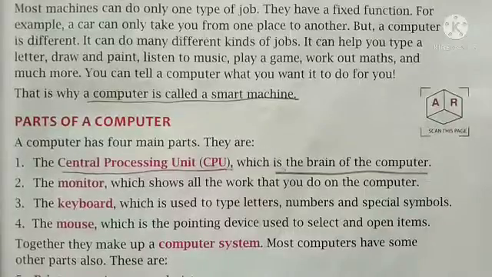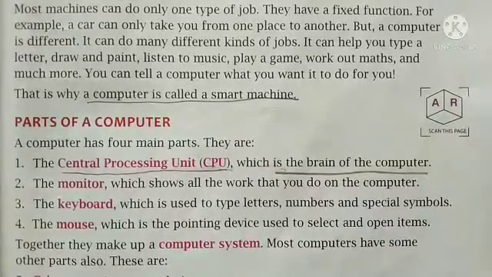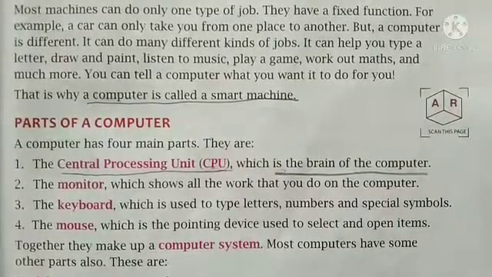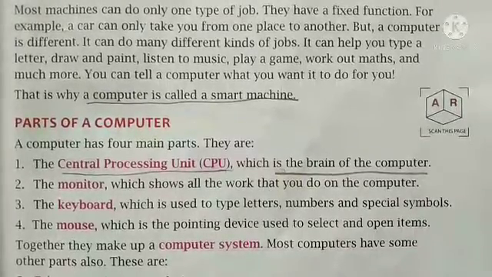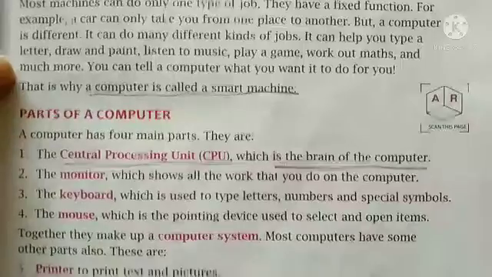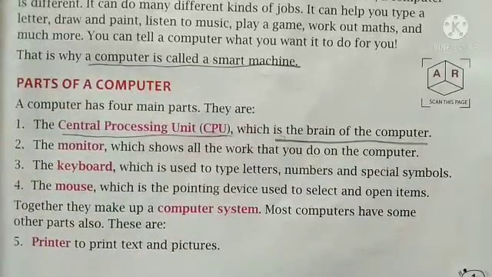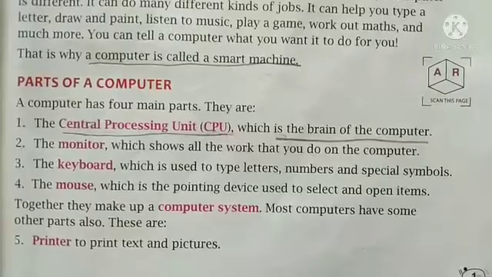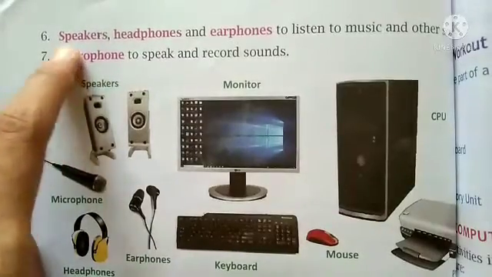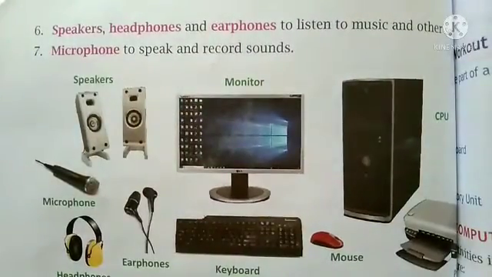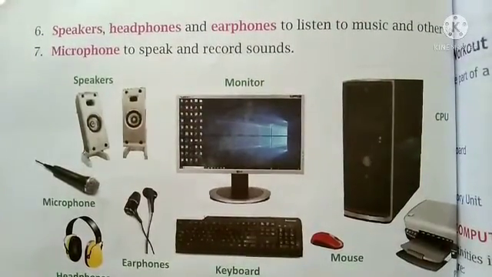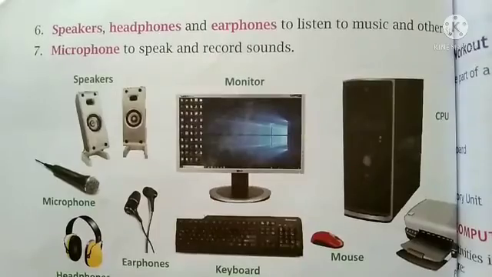Along with these 4 parts, there are other parts as well, which help us in various tasks. First is the printer. With the help of a printer, we can print text and pictures. Then next are speakers, headphones and earphones. They help us to listen to music and any other kind of sound.